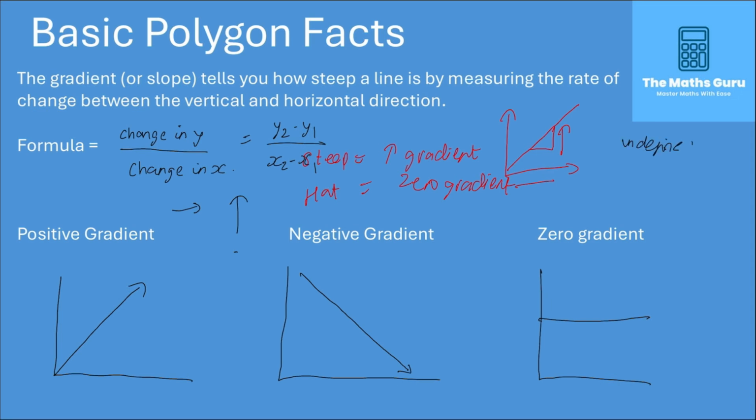An undefined gradient looks something like this. A straight line like that. So these are all lines. Undefined we won't really need to know at this level, which is why I didn't include it in the first place, but I thought I'd just bring it in here. So a positive gradient, you can see from here. A negative gradient is going downwards, down to the bottom right. Positive gradient going up to the top right, and so on.